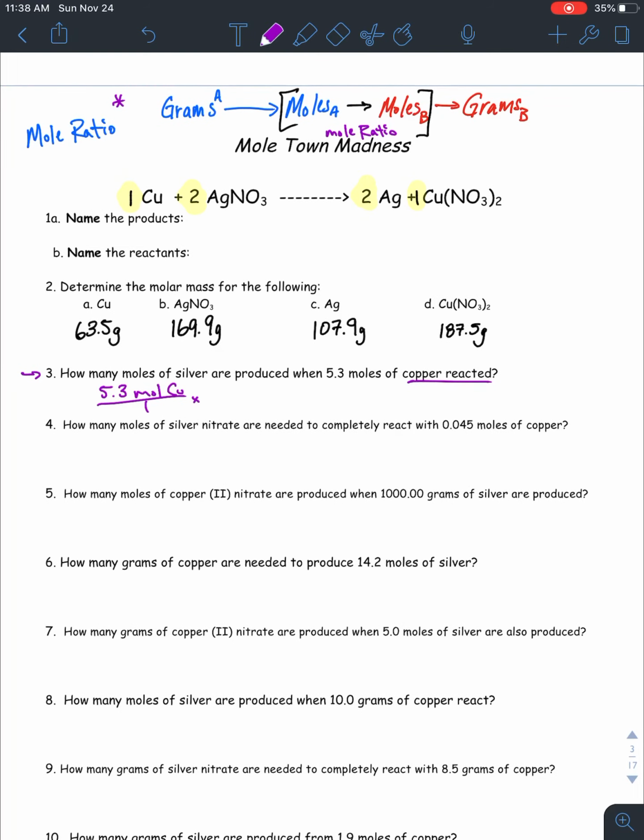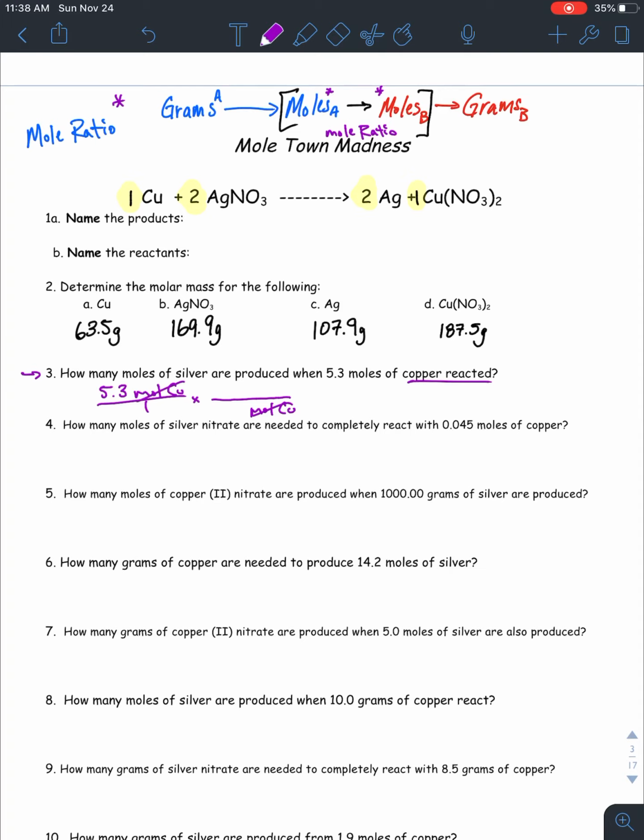And now, if we look at the top, we're going from moles of A to moles of B because we're going to moles of silver, a new substance. So we're still keeping moles of copper on the bottom in order to cancel these out, right? That's why we put it on the bottom.